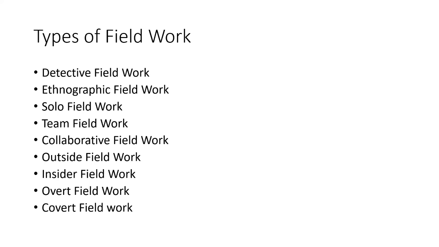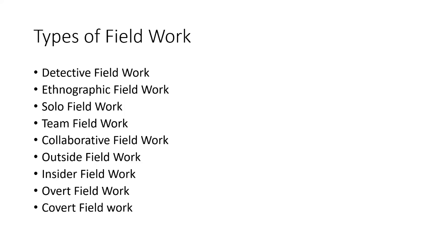The next one is overt fieldwork. This is very simple. Here, the participants know the presence of the researcher. In this kind of fieldwork, the research happens with the full knowledge of the participants. The opposite of it is covert fieldwork.